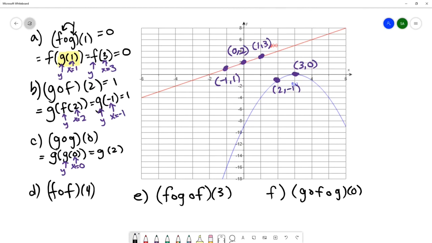We'll replace G of 0 with 2. And now we need G of 2. So we have an x of 2. We're looking for the y. And on our graph, G of 2 would be right here. And that ordered pair would be 2, 4. So G of 2 is 4.